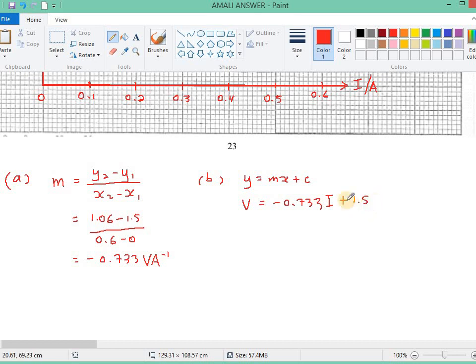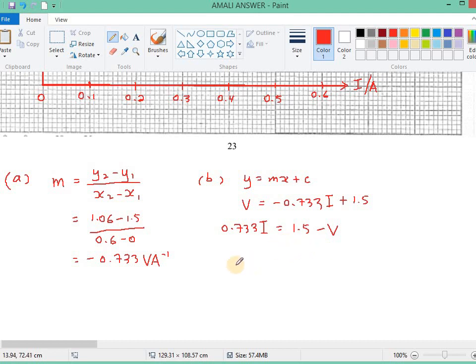Okay, and then it says relate to IR equals EMF minus V. So that means you need to rearrange this so that it corresponds with the equation. So this one moves over here, negative becomes positive, so 0.733 I equals 1.5 minus V. Okay, so you see this is comparable to IR equals E minus V.